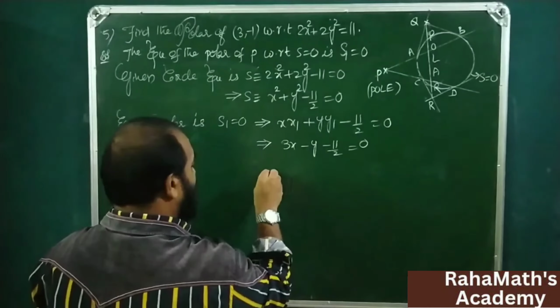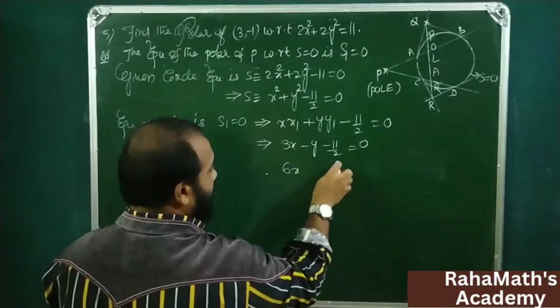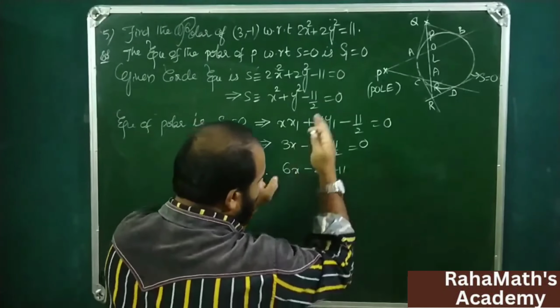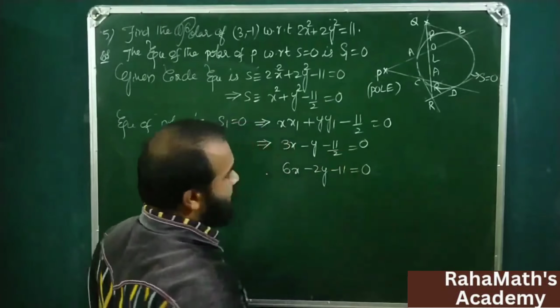Therefore 2 3s are 6x minus 2y minus 11 by 2 equals to 0. If you transpose that side, it is equals to 0.